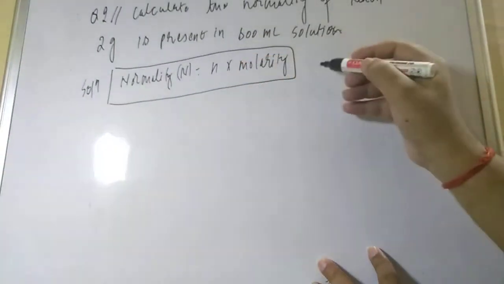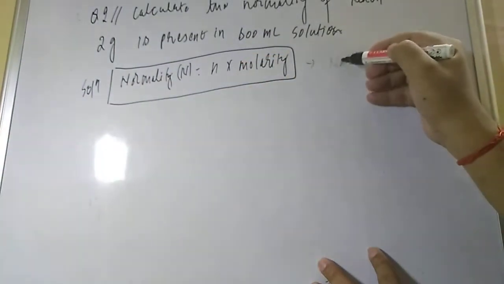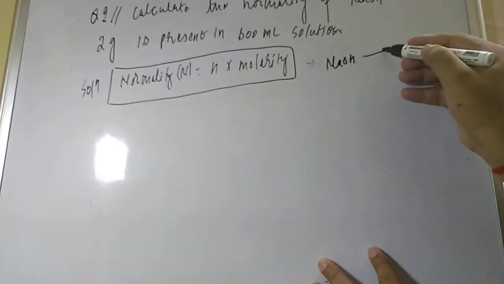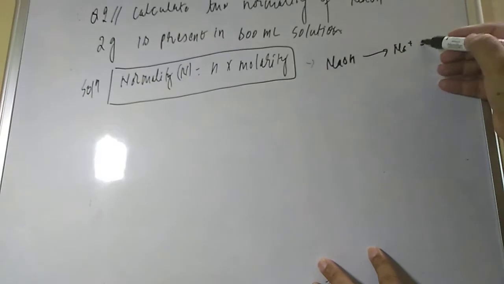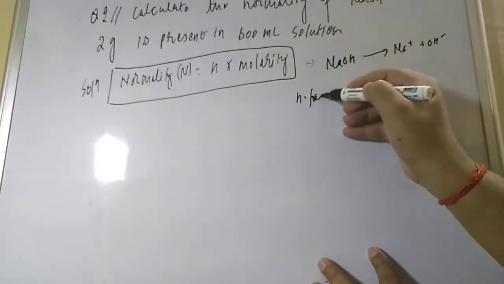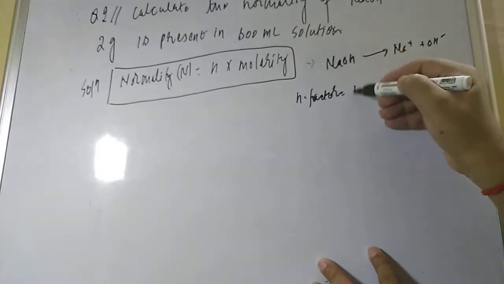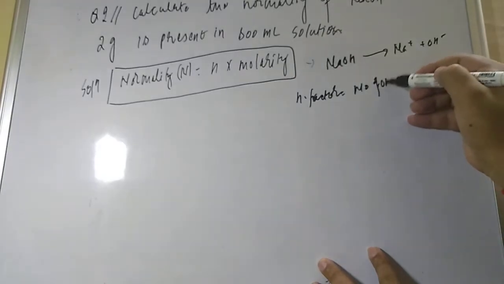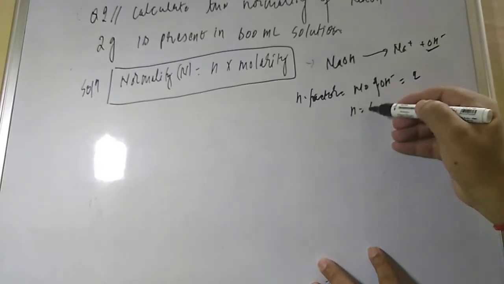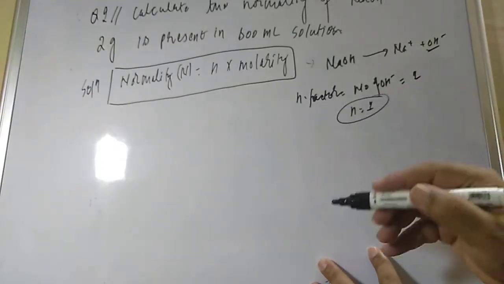The n factor for NaOH: if you ionize this, it gives Na plus and OH minus. So the n factor is equal to the number of OH minus ions, which is 1. So n equals 1. We got the n value, student.